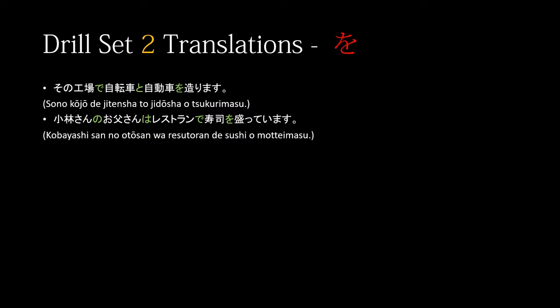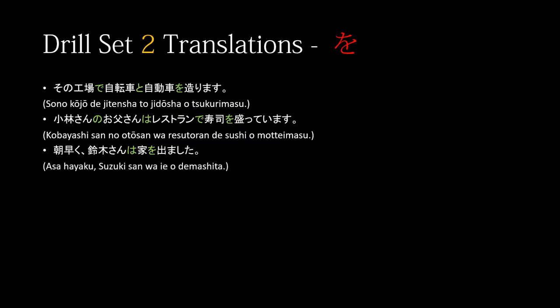Wa creates the topic out of them. After that, de shows the location where Kobayashi's father is serving food, and that food is sushi, thus marking it with o to serve as the object of our sentence. So once again, no shows the ownership here, wa the topic, de shows the location, and wo marks the object.